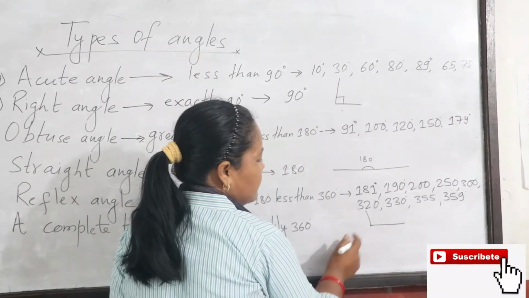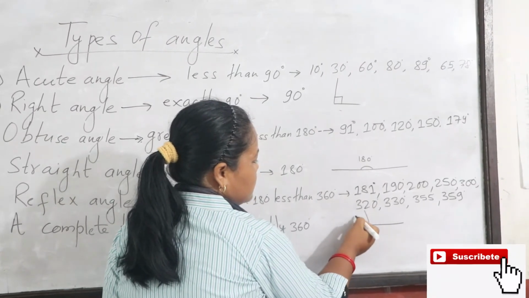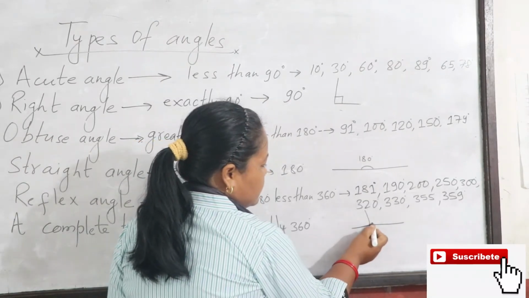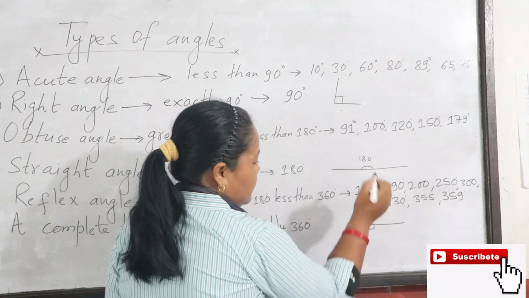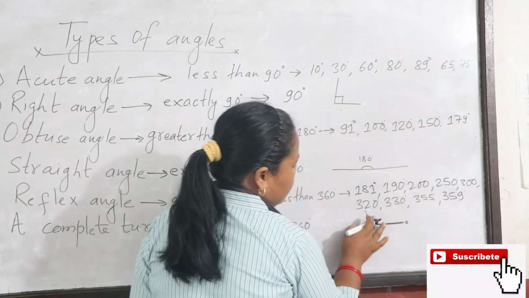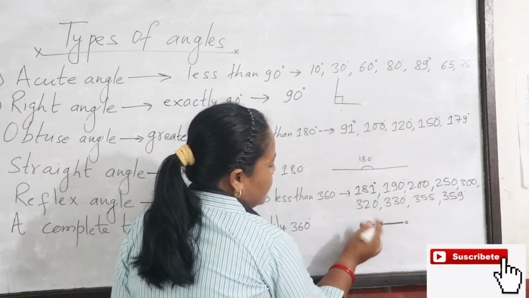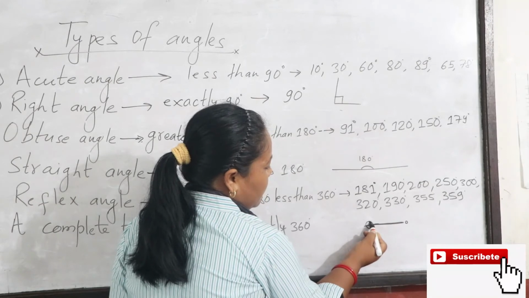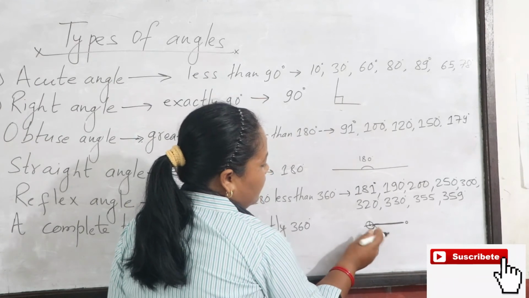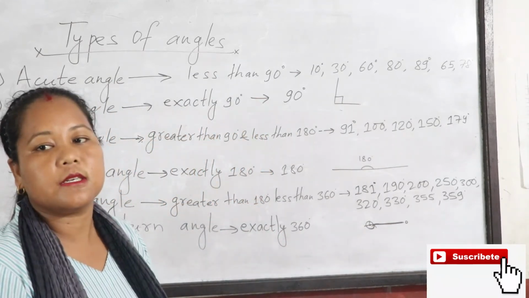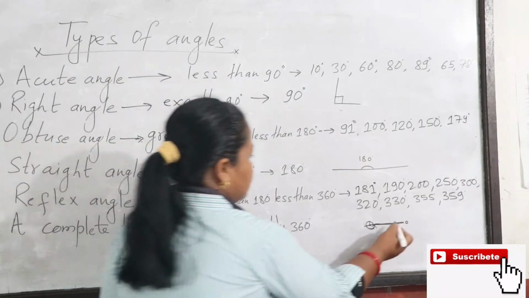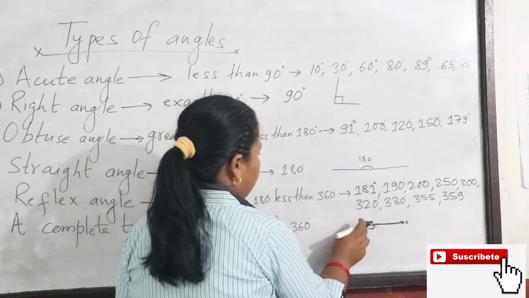Right angle, and it goes ahead, then this is the straight angle, and it turns again, then it comes to the 0 point again. Here at the same point 0, it completes a turn. It starts from 0 and turns, and it completes one turn, then it makes 360 degree. It is called a complete turn angle. This is a complete turn angle's figure.